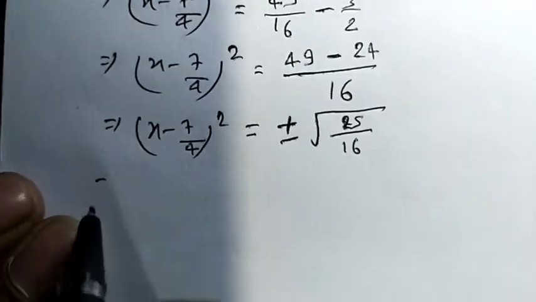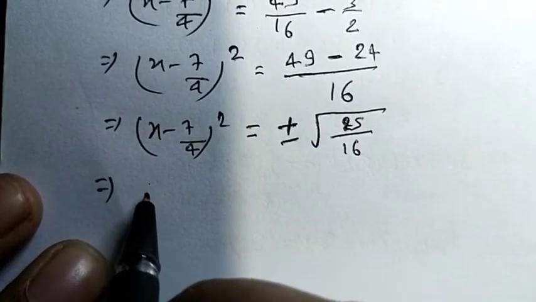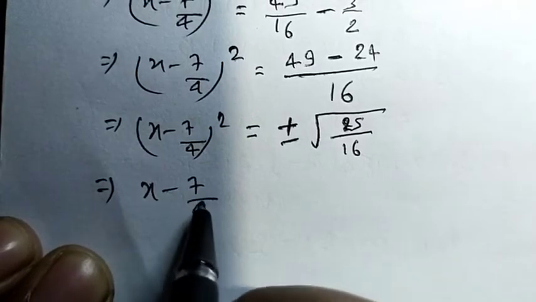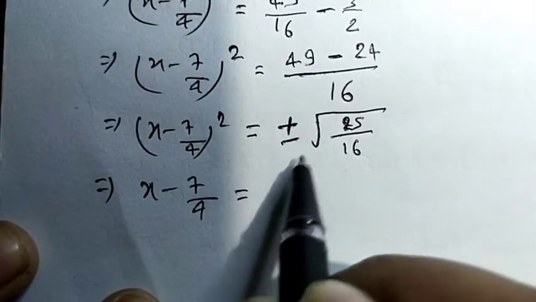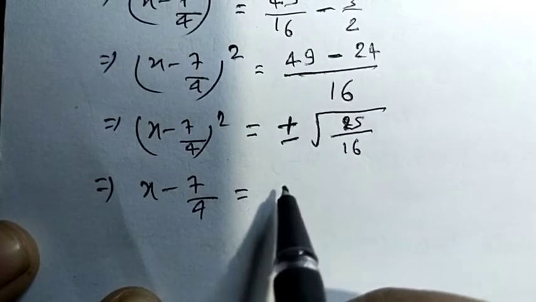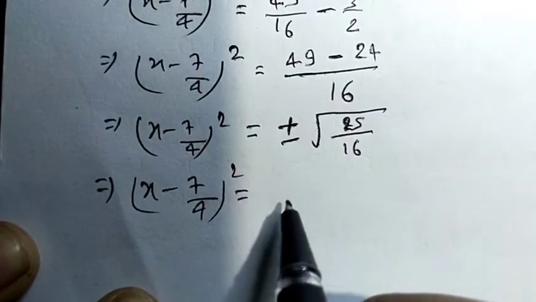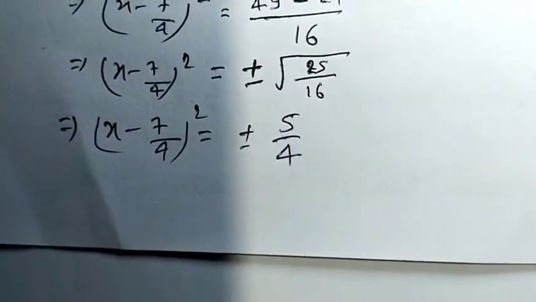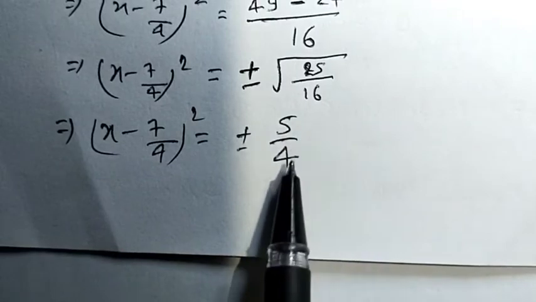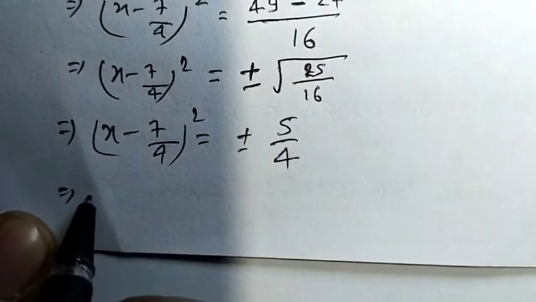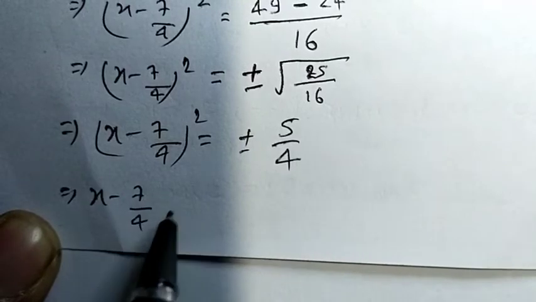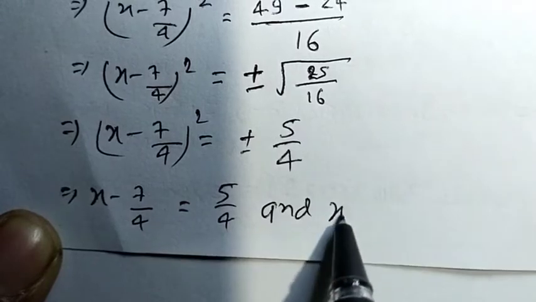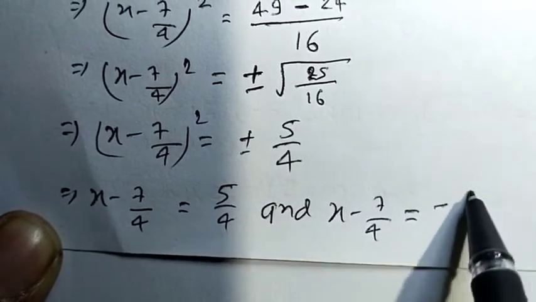This implies x minus 7 by 4 is equal to plus minus root of 25 by 16, which is plus minus 5 by 4. The root of 25 is 5 and the root of 16 is 4. This implies x minus 7 by 4 is equal to 5 by 4 and x minus 7 by 4 is equal to minus 5 by 4.